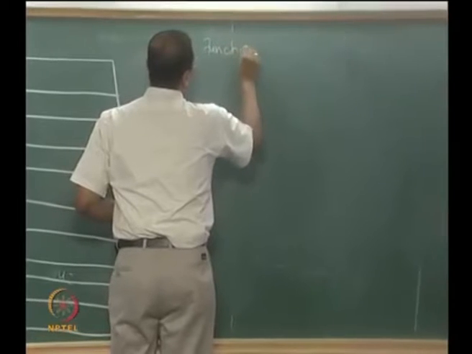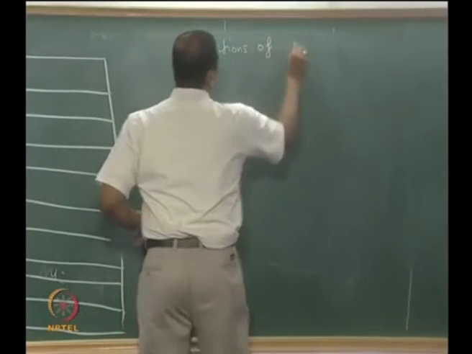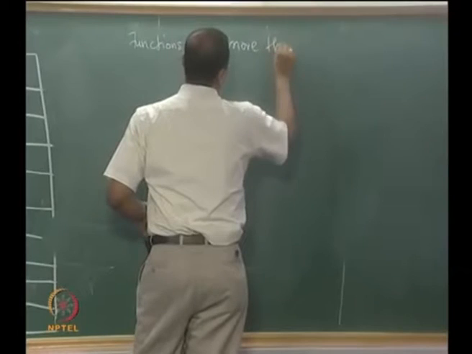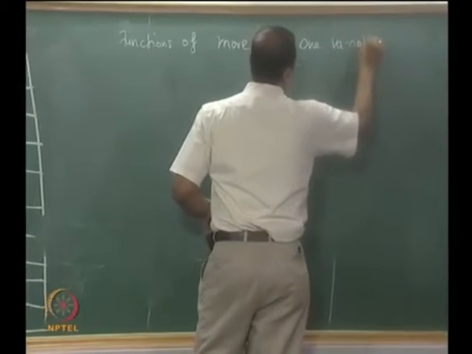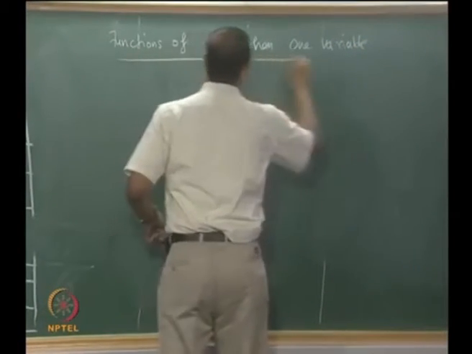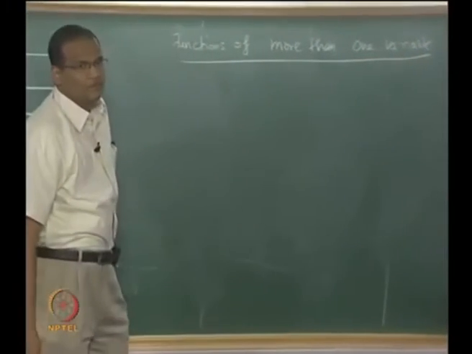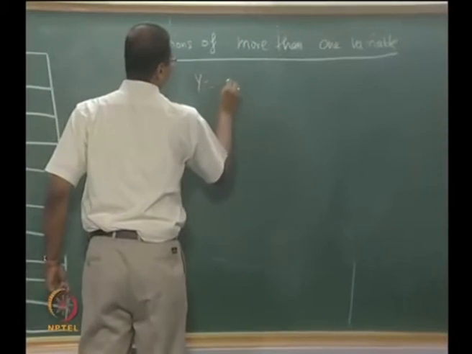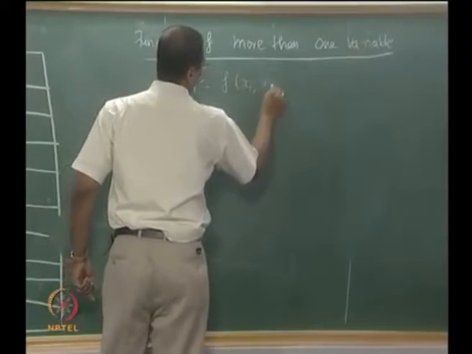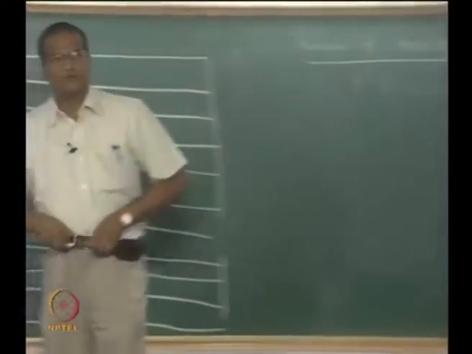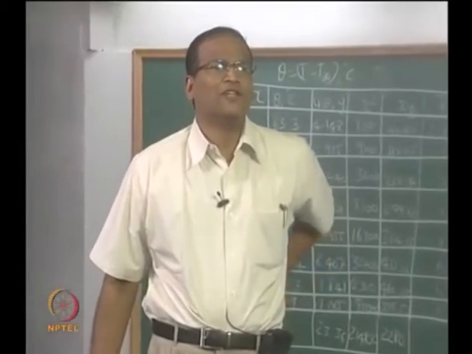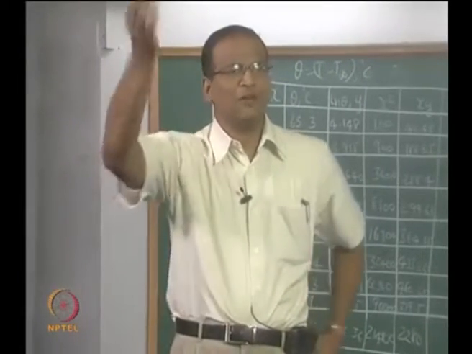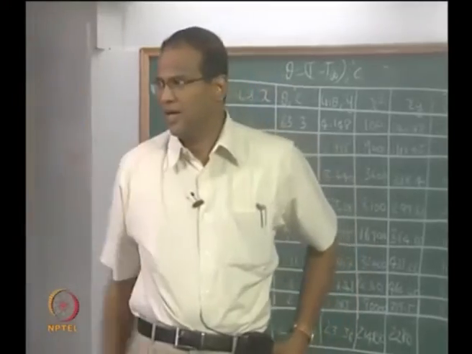So let us look at functions of more than one variable. So y is a function of the efficiency of an IC engine, okay, or the efficiency of a fan and duct system, the function of 2-3 parameters, flow rate, head and so on.